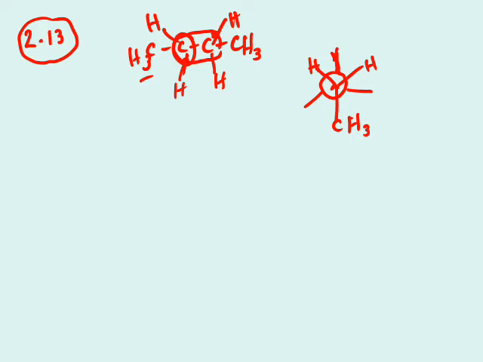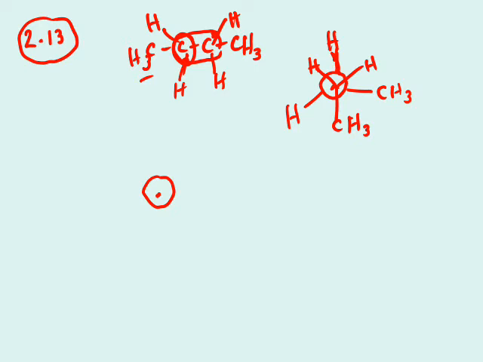If I write down the methyl group of the back carbon here, I can now write down hydrogen here and hydrogen here. That's one possibility. The other possibility is, again, I can write down the front carbon as a dot, the back carbon as a circle.